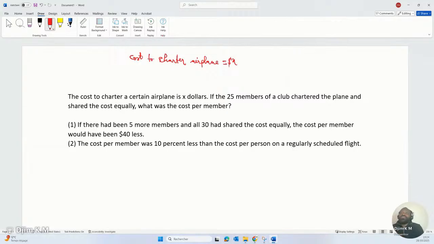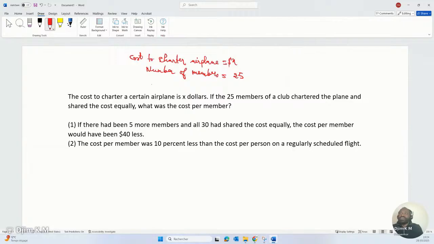And it says that 25 members of a club chartered the plane and shared equally. The number of members is 25. Okay, so they shared equally. So we need to find what was the cost per member.